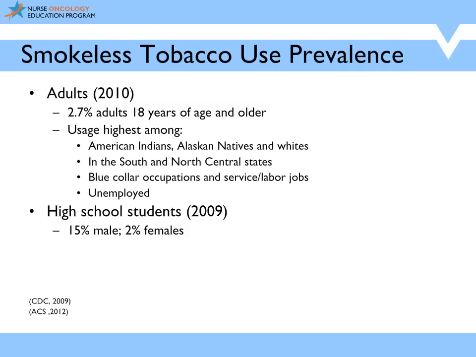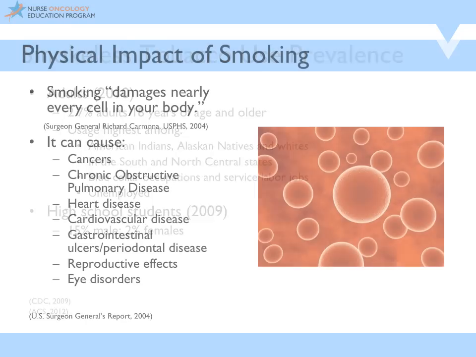Data indicates that initiation of smokeless tobacco products and past month use among youth ages 12 to 17 years of age has increased significantly, primarily among boys. And sales of smokeless tobacco products are growing at a more rapid pace than cigarettes. Between 1990 and 2006, per capita sales of smokeless products in the United States increased by nearly 100%, while sales of cigarettes declined by 42%.